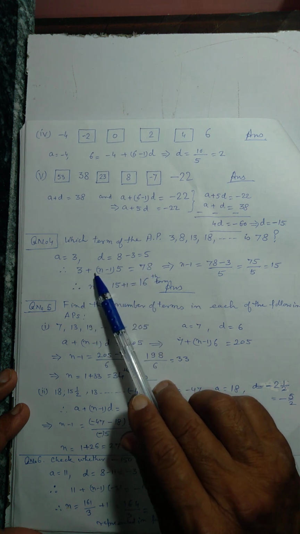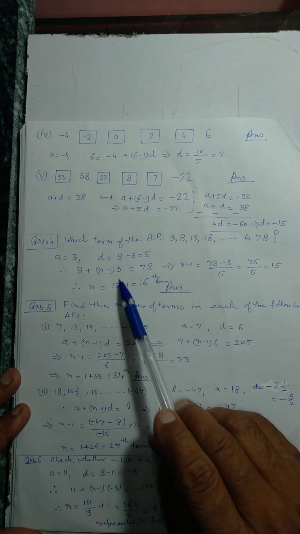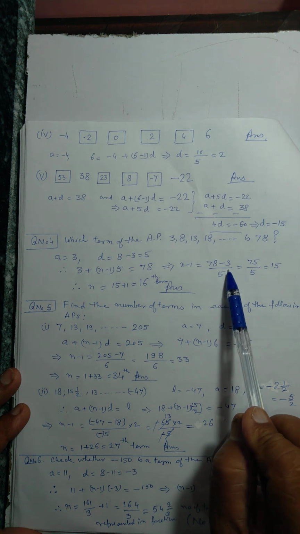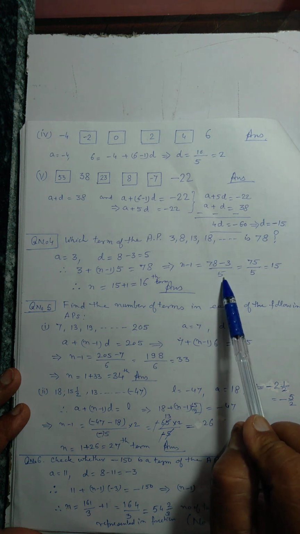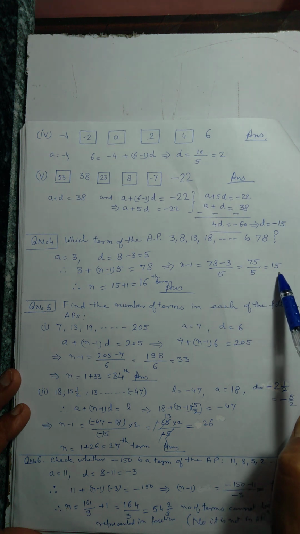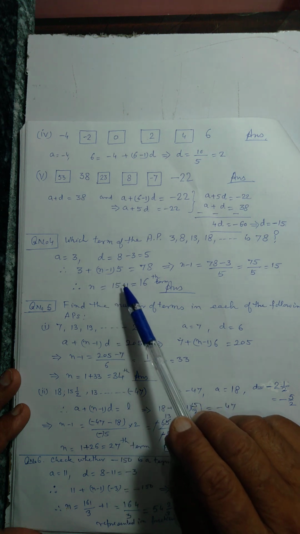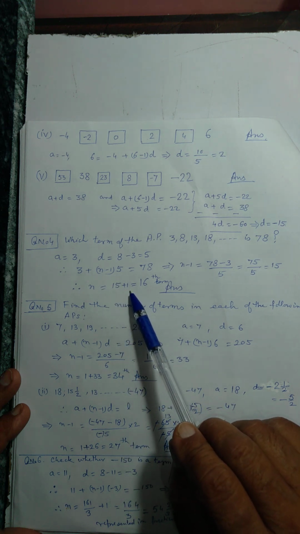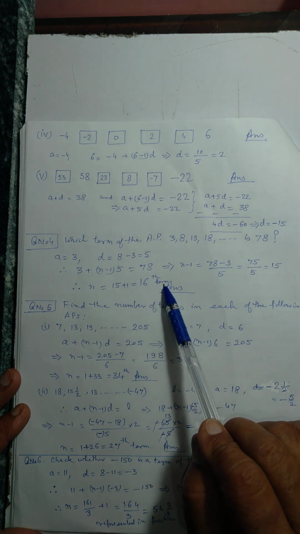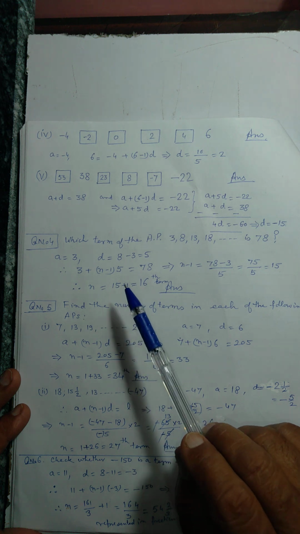So 3 plus (n minus 1) into 5 is equal to 78. So n minus 1 will be equal to (78 minus 3) upon 5. That will give you the answer, that is equal to 15. Now n will be equal to, transposing minus 1 to this side, it will become plus. So 15 plus 1, that is the 16th term. So the total number of terms are 16.